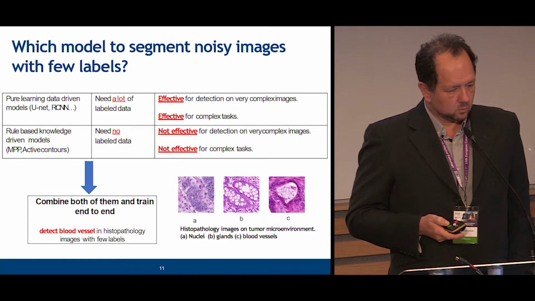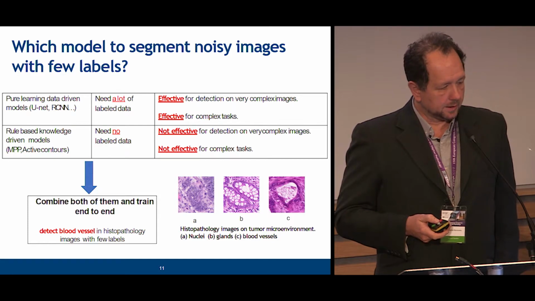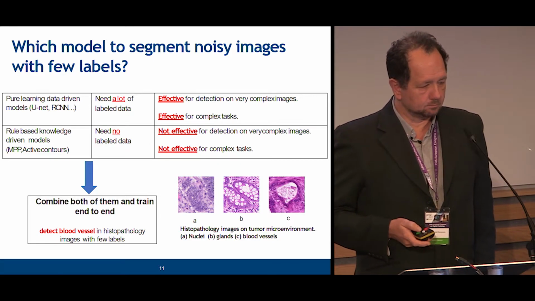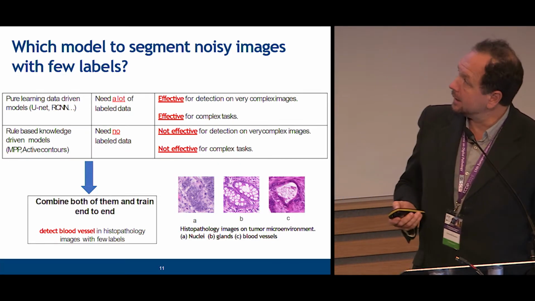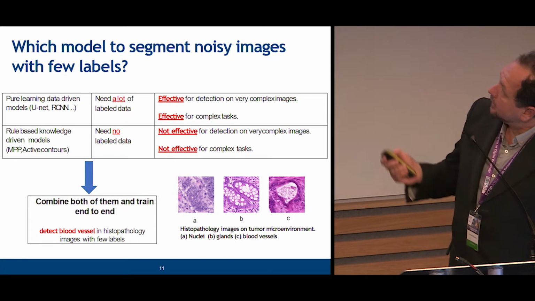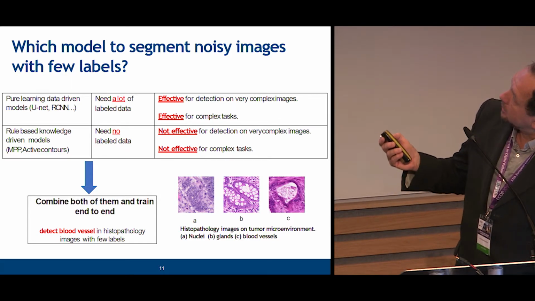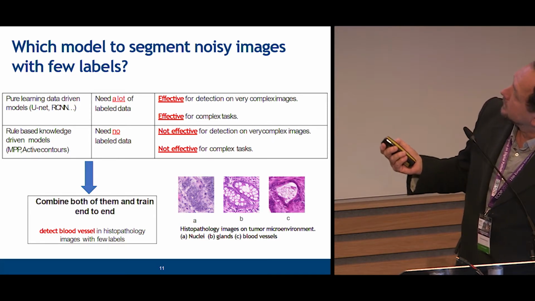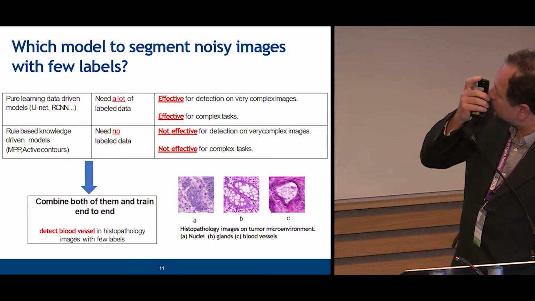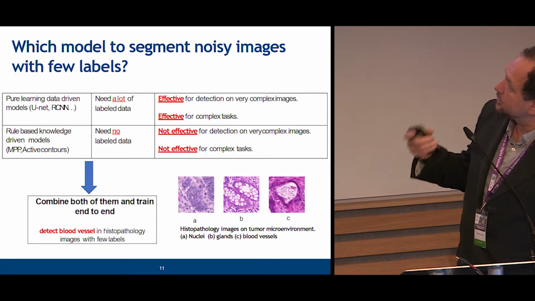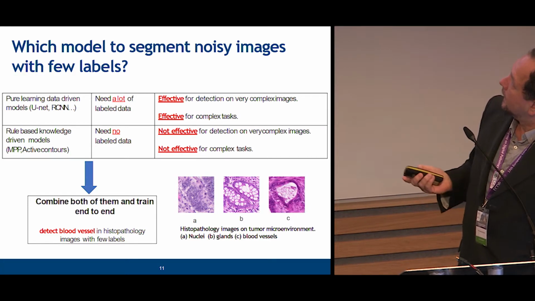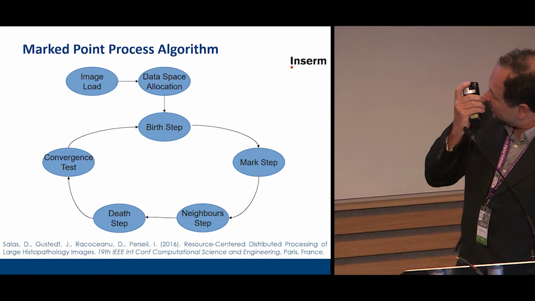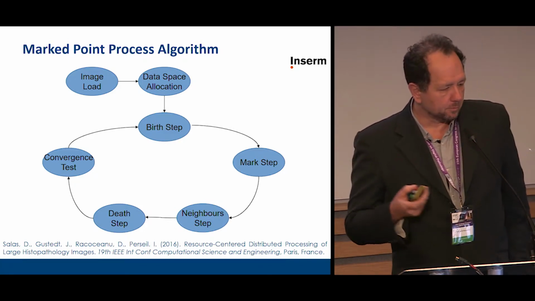So the methods we are talking about are from those two families. The first one, I was talking about, networks. And the second, which is trying to understand what's happening, which is based on rules and uses Markov processes.